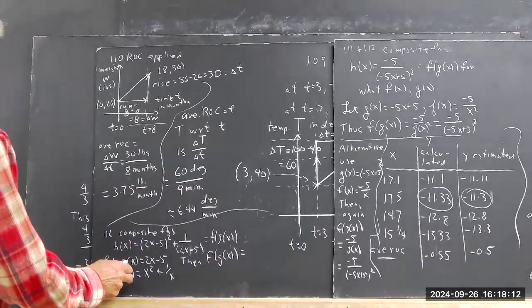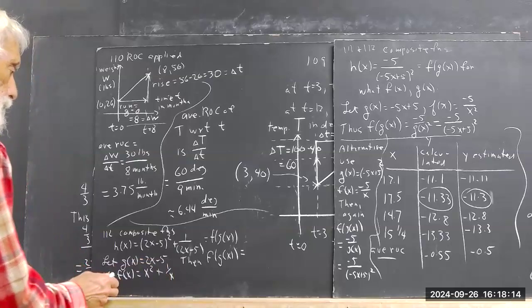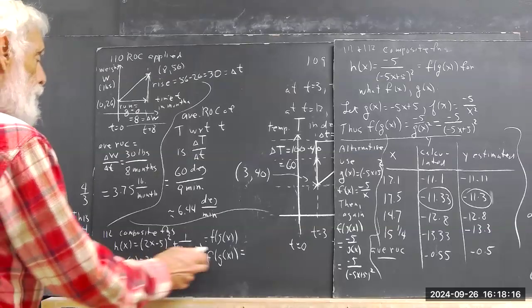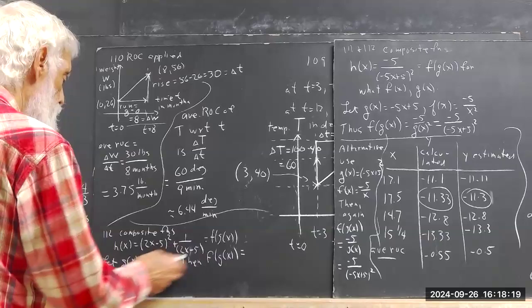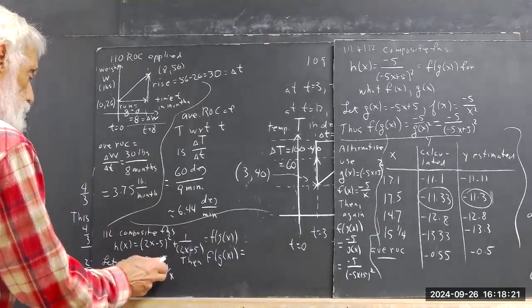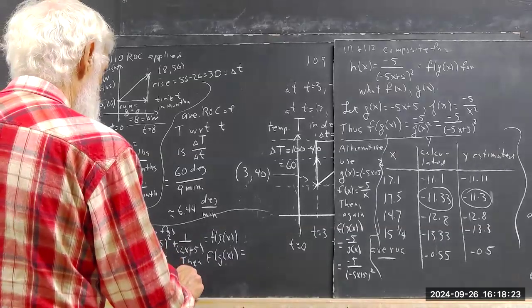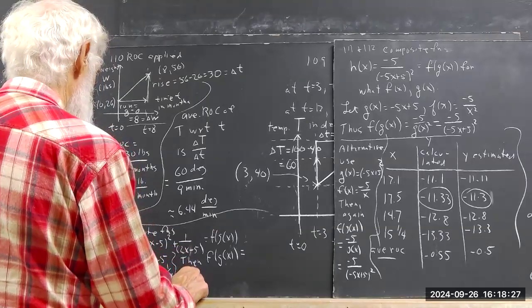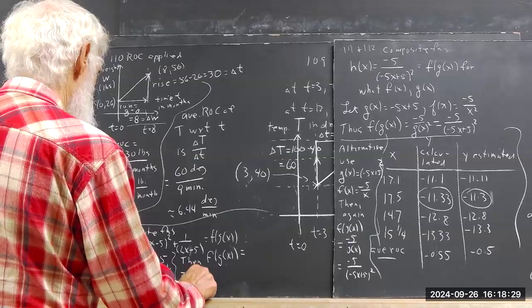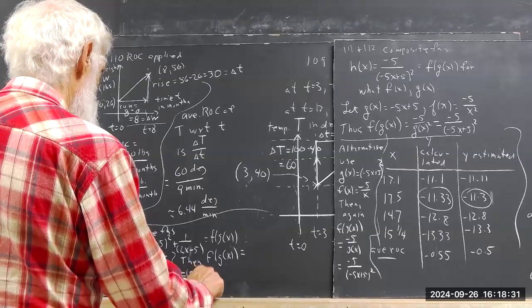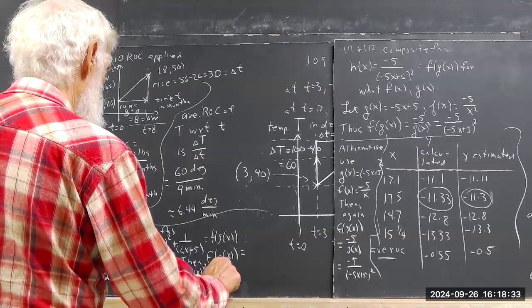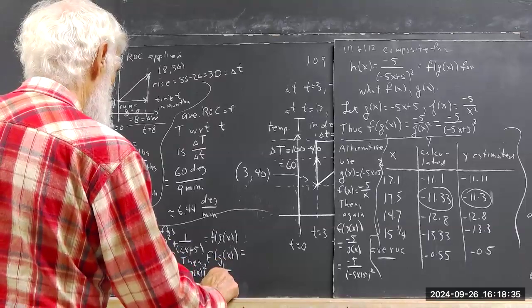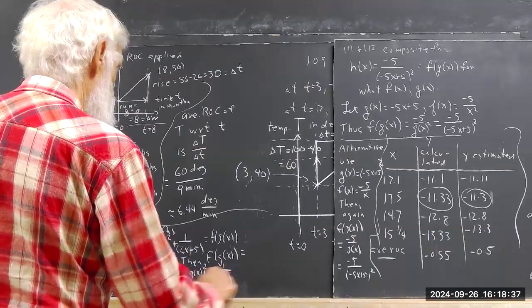Well, f of x is x squared plus 1 over x. If you replace x with g of x, then you got to replace both of these x's with g of x. So that would equal g of x squared plus 1 over g of x.